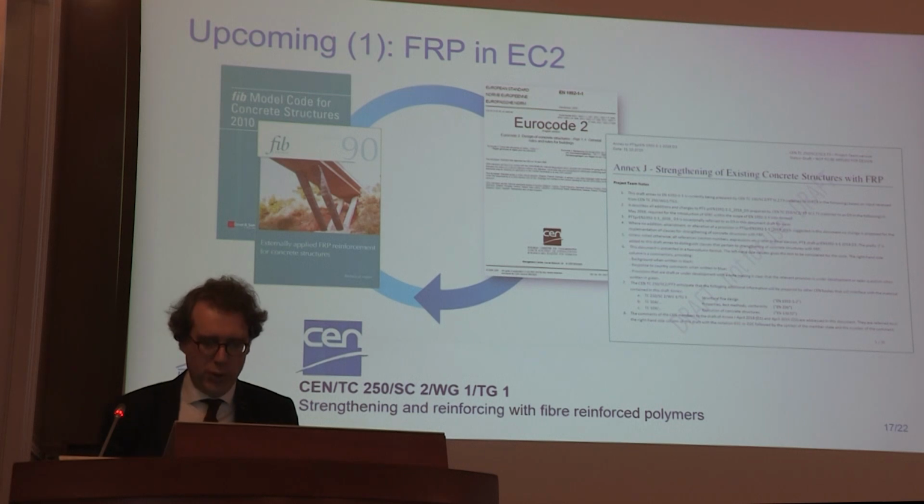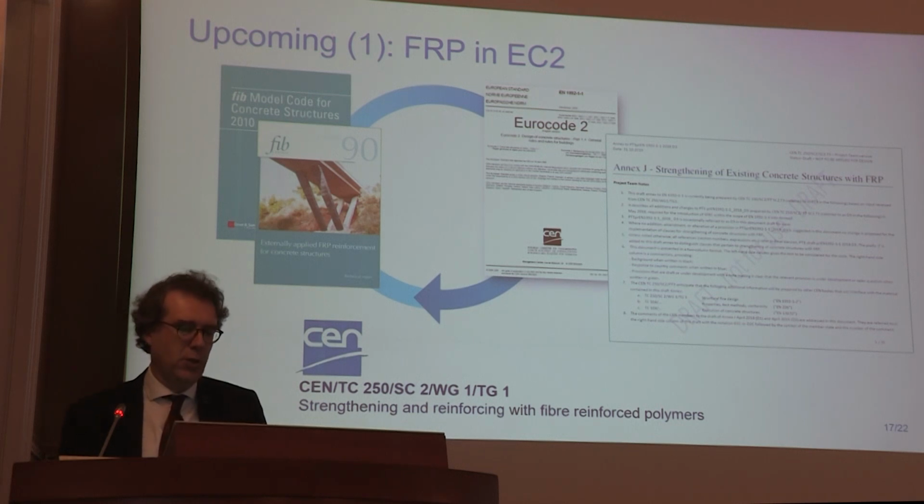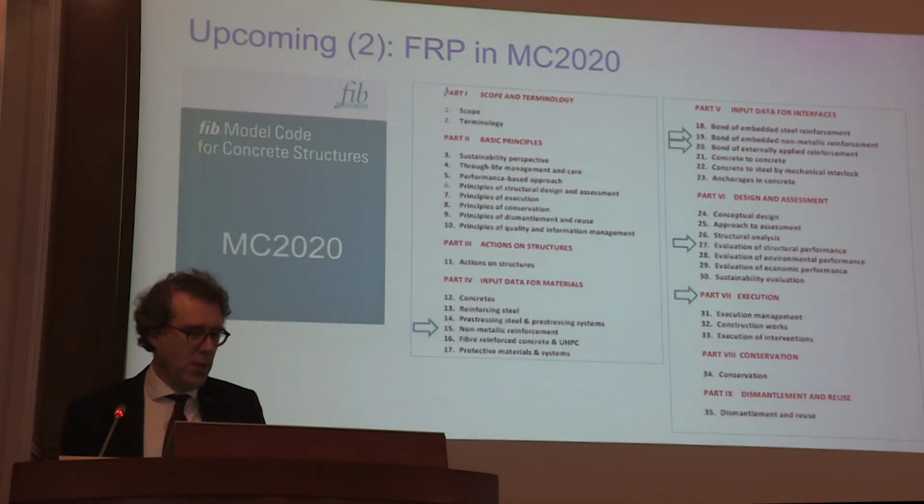So this is very good news, and we are working hard on that, and supporting SAN in writing these documents with effort. Moreover, we are also working on a new edition of Model Code 2020.